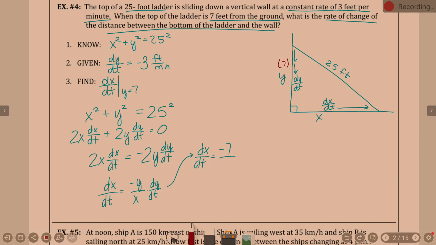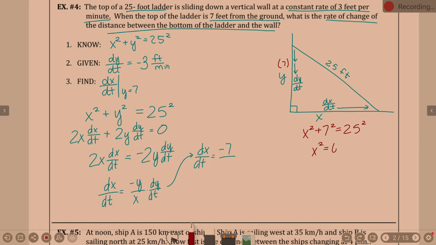Do you have to do like cosine? Pythagorean theorem. Could you use cosine? Well, we don't need to know the angle. We need to know the other side. So Pythagorean theorem is better for this situation. I'm not saying we couldn't use trig, but think about it as x squared plus 7 squared equals 25 squared.